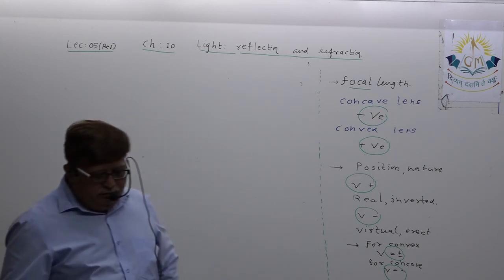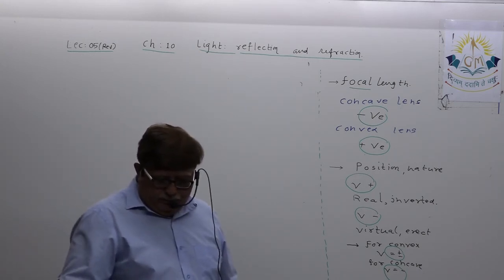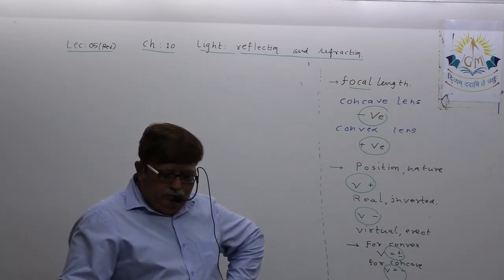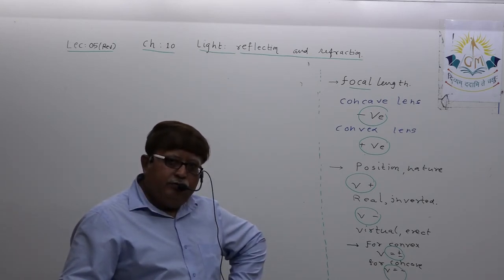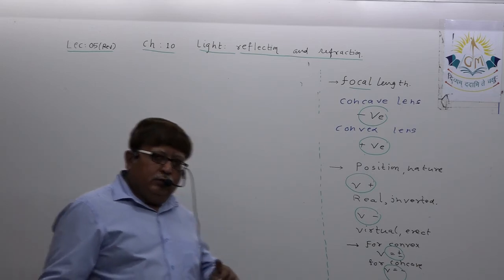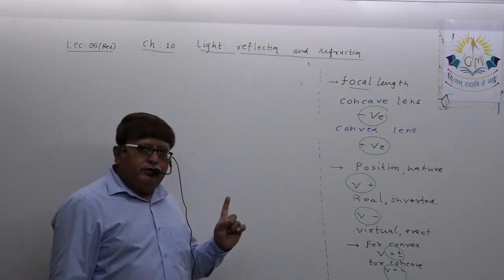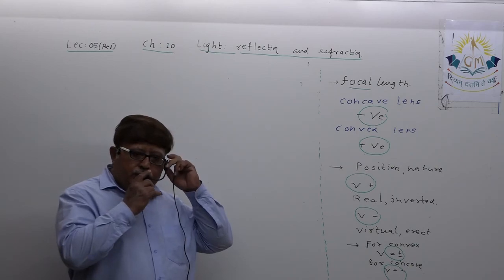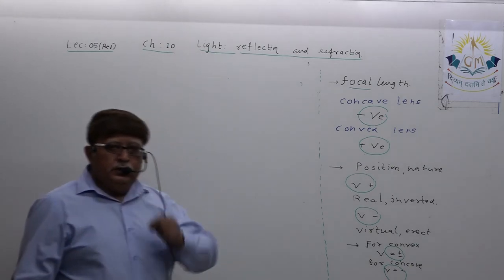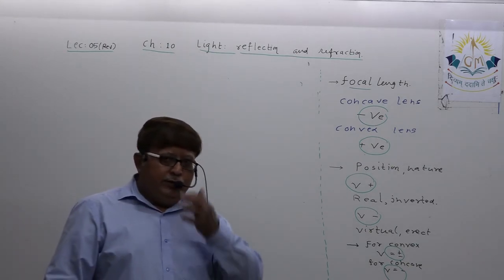What is mentioned there? You read it. Two thin lenses, and dear student, the concept we are discussing now applies only to thin lenses, which you need to keep in your mind forever.